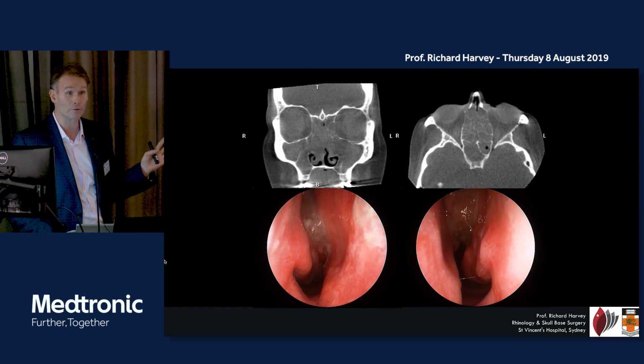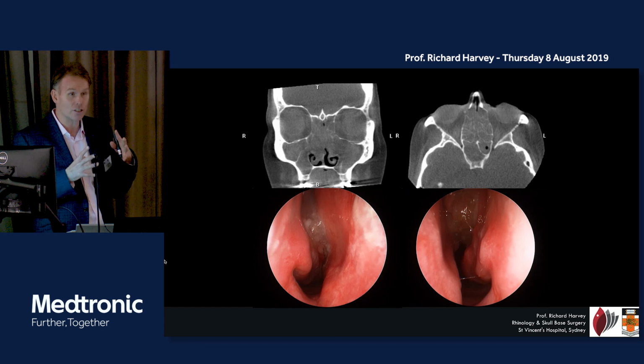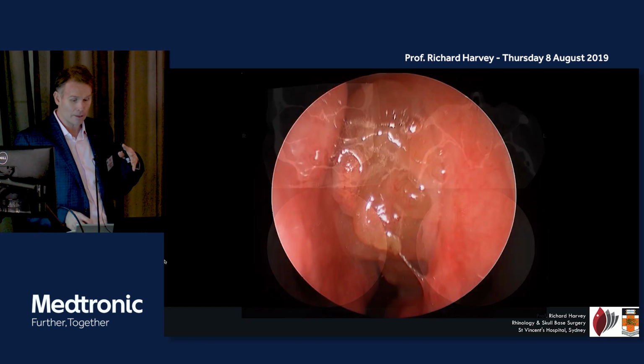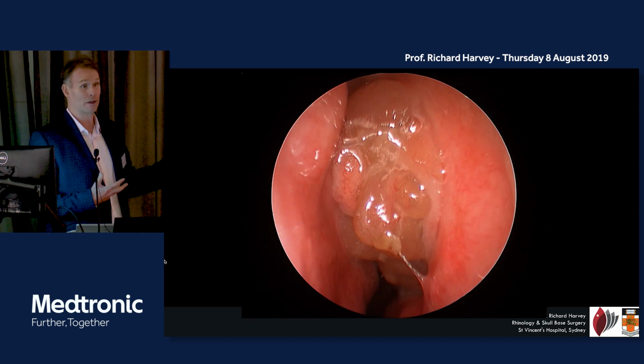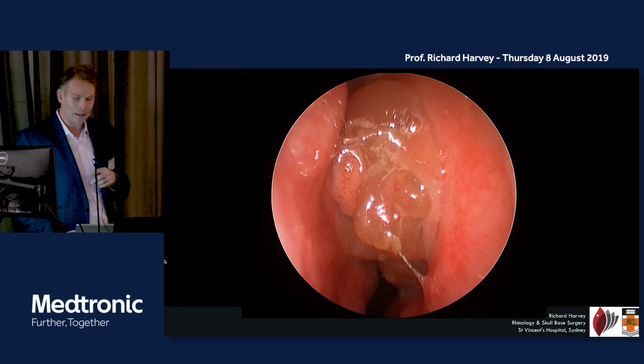And these patients look different. They don't have centrally limited disease. They've got this diffuse thickening. And if you look up at their middle meatus, it doesn't look anything like the previous patient. They've got eosinophilic mucin, edema, and swelling.